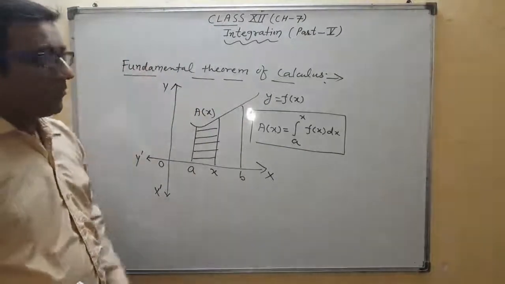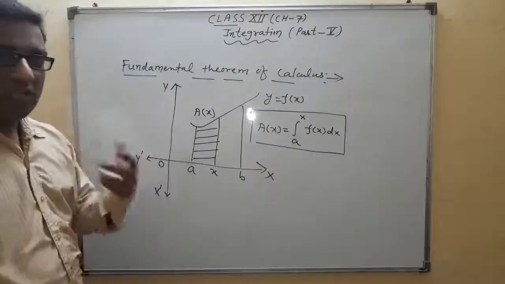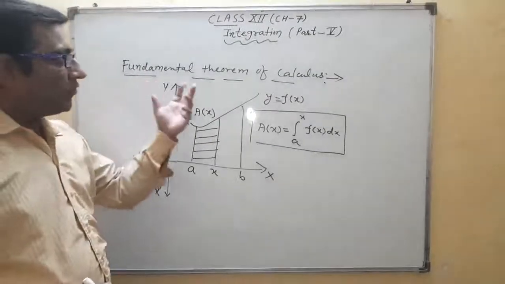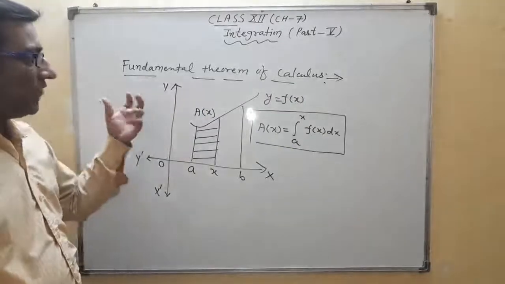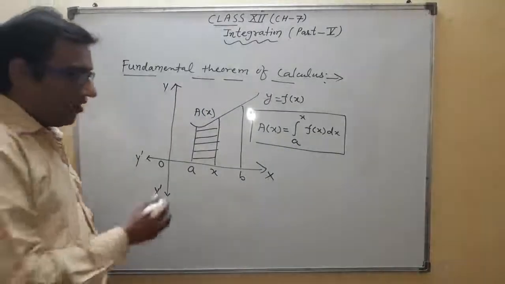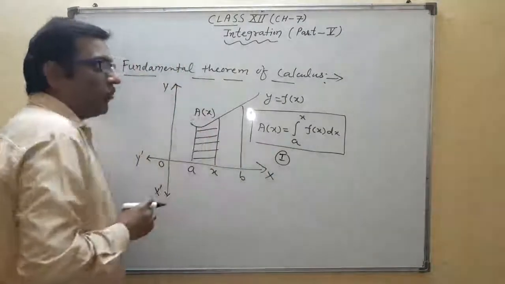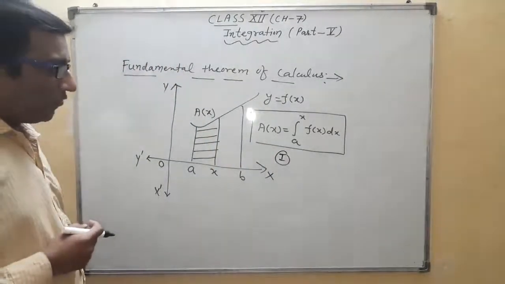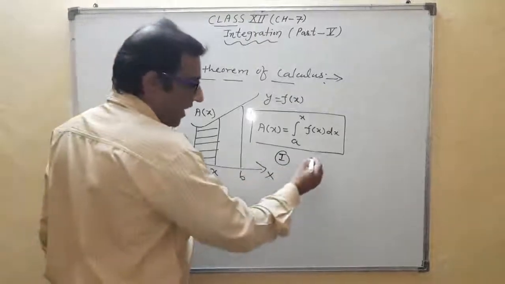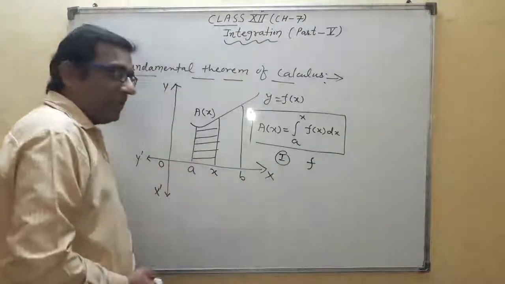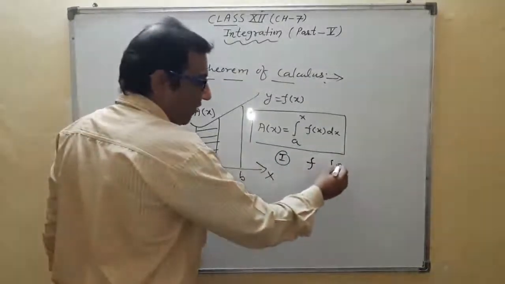On behalf of this theorem, we will discuss two types of theorems: first fundamental theorem of calculus and second fundamental theorem of calculus. First, the first fundamental theorem of integral calculus. Let f be a continuous function in the closed interval [a, b].